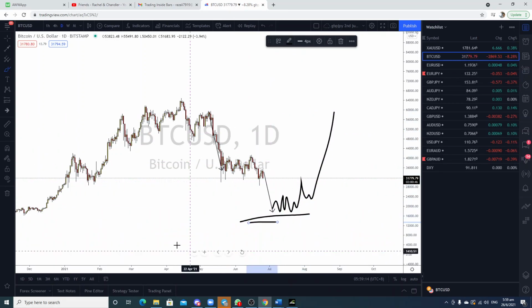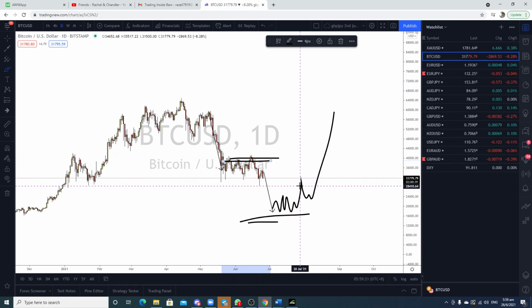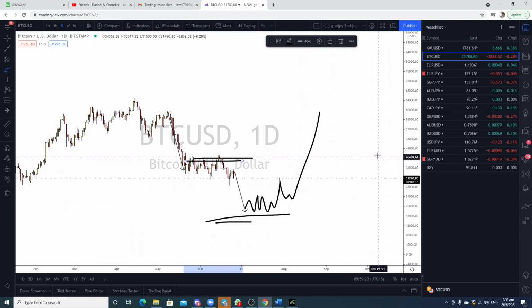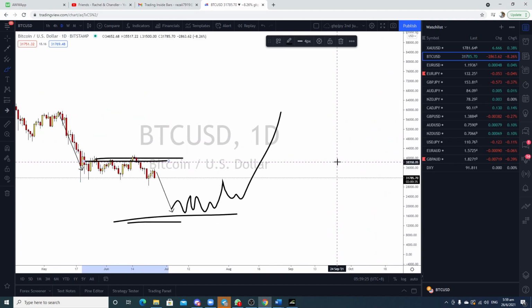So this will be a good place for a buy should that price action happen. But at any rate, here it's better to look for a sell for Bitcoin. Okay, and that's it.